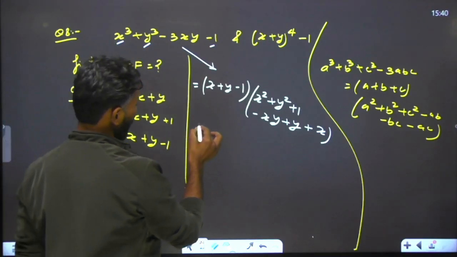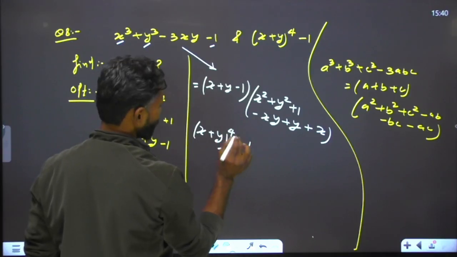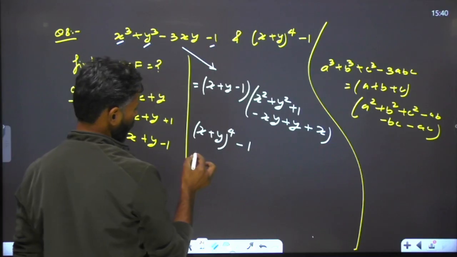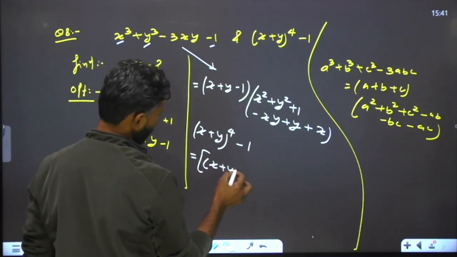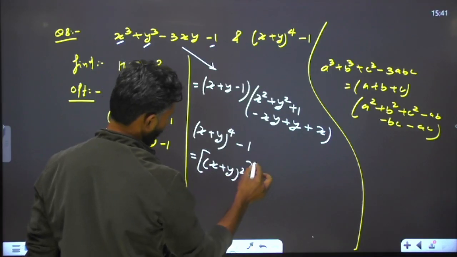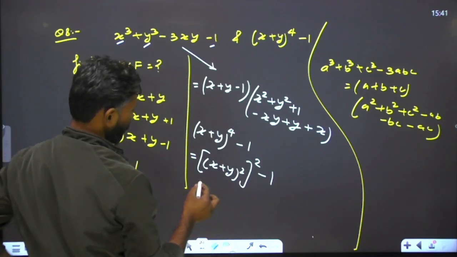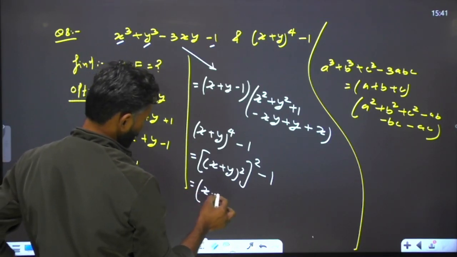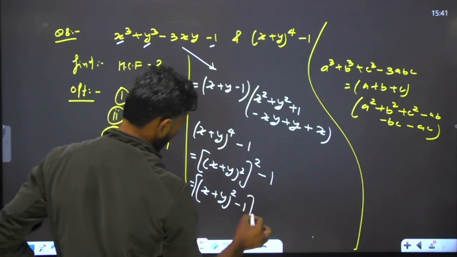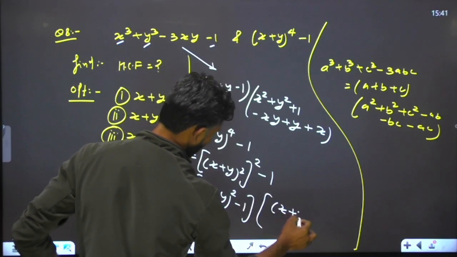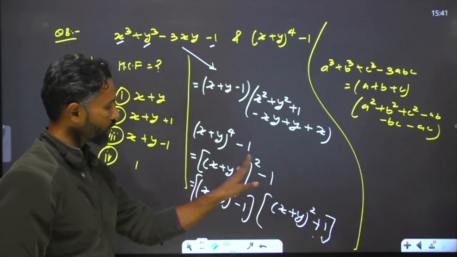And the second function, x to the power 4 minus 1, can be written as (x plus y) whole square, whole square, minus 1. Now we can write it as (x plus y) whole square minus 1 and (x plus y) whole square plus 1, by applying the formula a square minus b square.